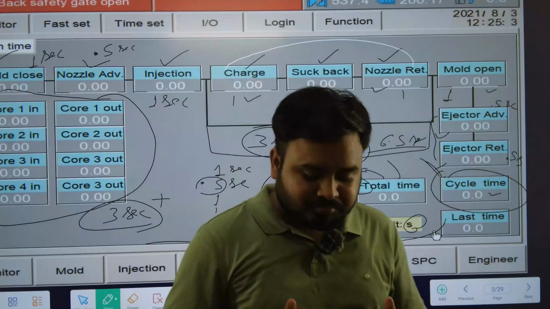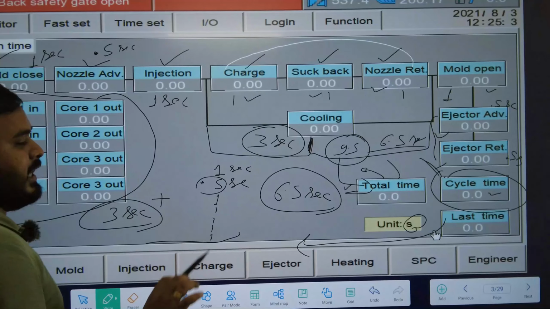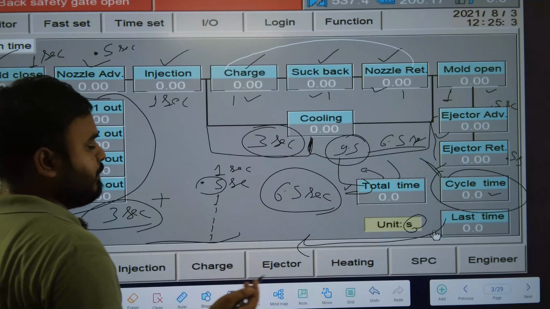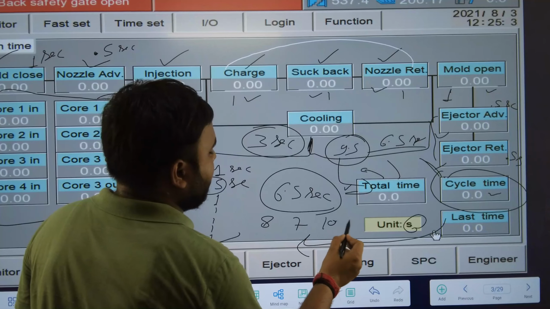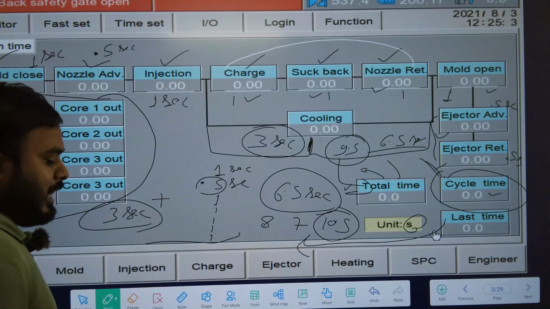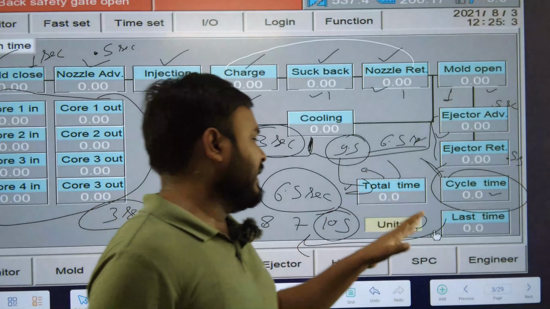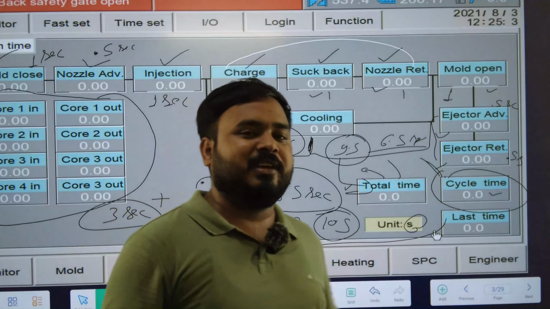For example, right now our total time is 9.5 seconds, and while making the previous cycle it was 8 seconds, 7 seconds, 10.5 seconds. It might not be the same every time, it may be different. So in last time you will get the time of the last previous cycle.